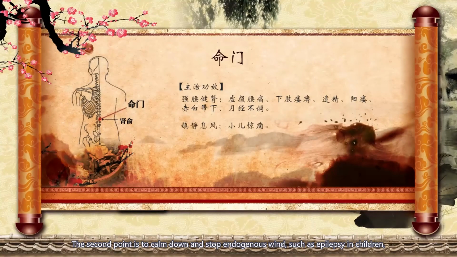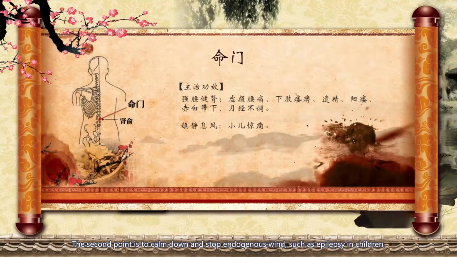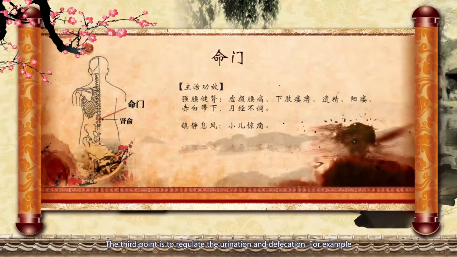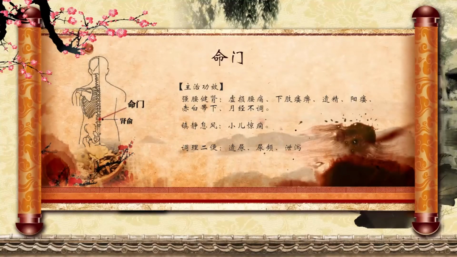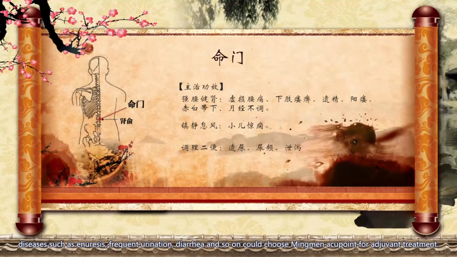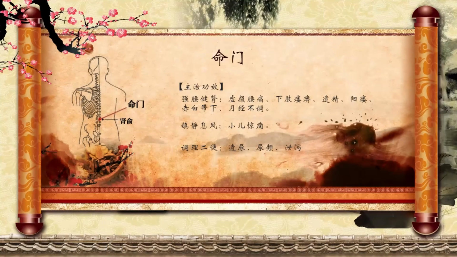The second point is to calm down and stop endogenous wind, such as epilepsy in children. The third point is to regulate urination and defecation. For example, diseases such as enuresis, frequent urination, diarrhea, and so on could choose the Mingmen acupoint for adjuvant treatment.